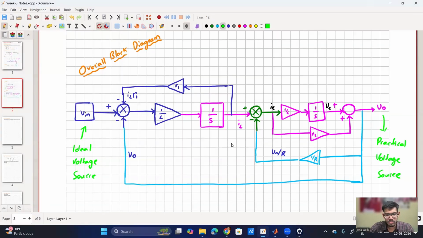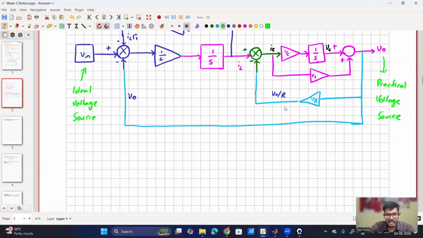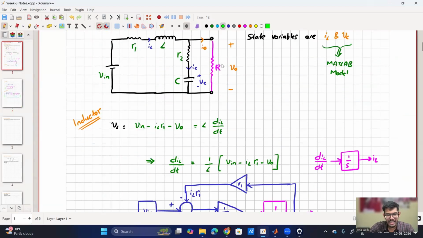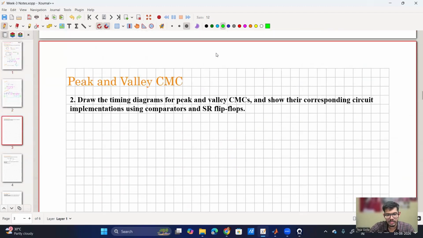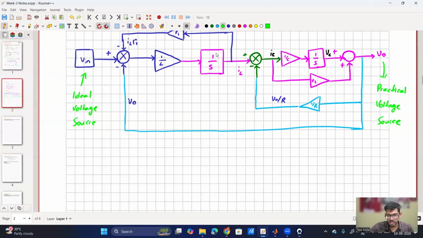Okay. So now, before going to Simulink, let us say instead of one resistor, there are two types of resistors.